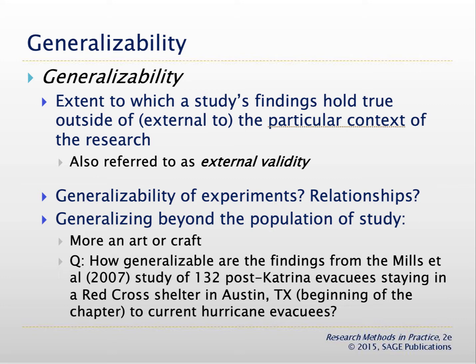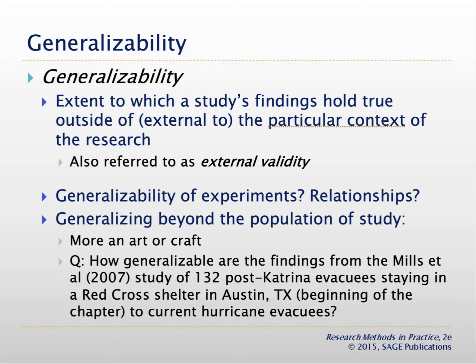You've already seen for measurement there are a whole bunch of validities. We're going to have even more of them. So in general, if you have a choice, I prefer the term generalizability. We're still in the description part of the textbook, where we're just trying to say what is out there in the world.